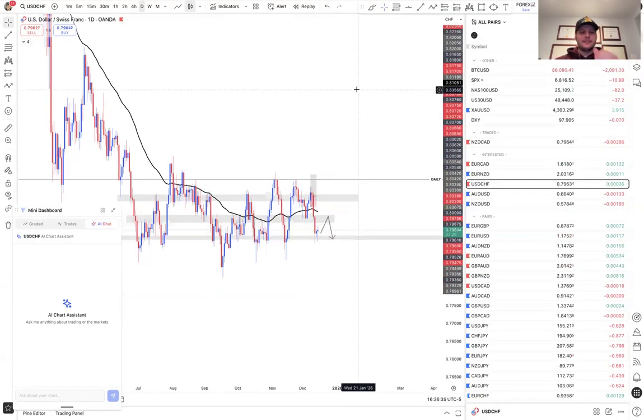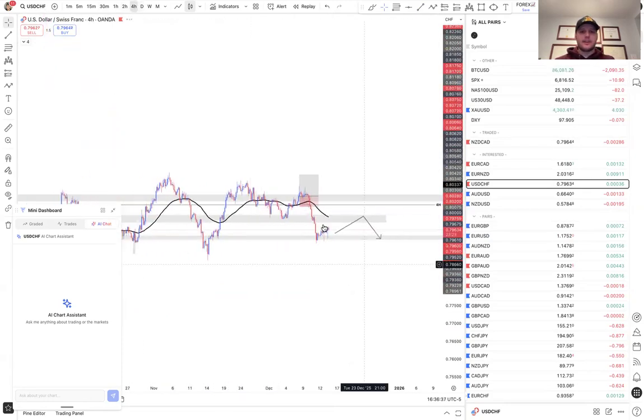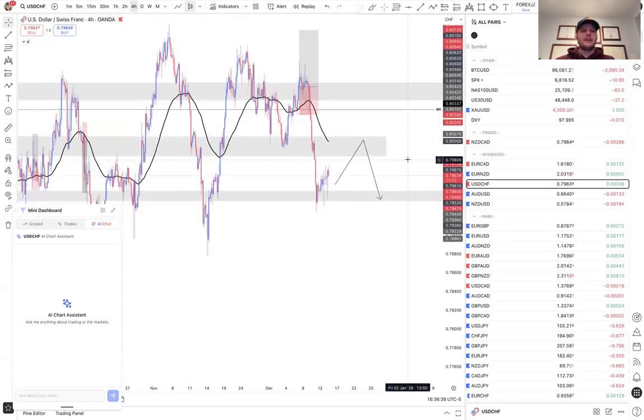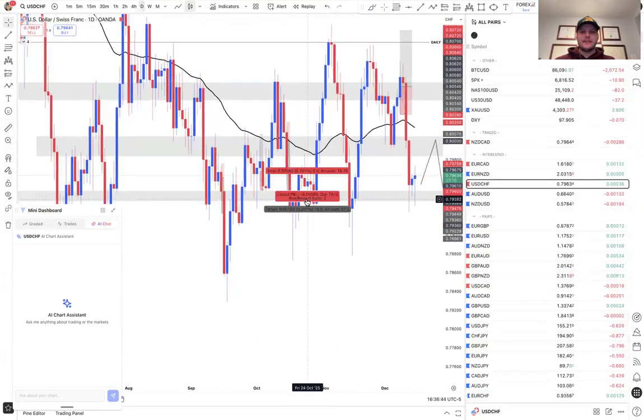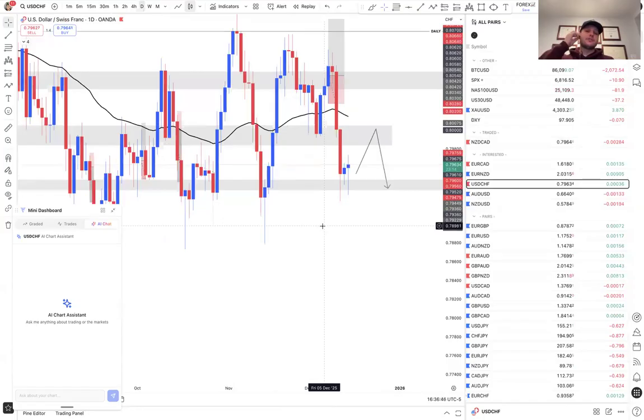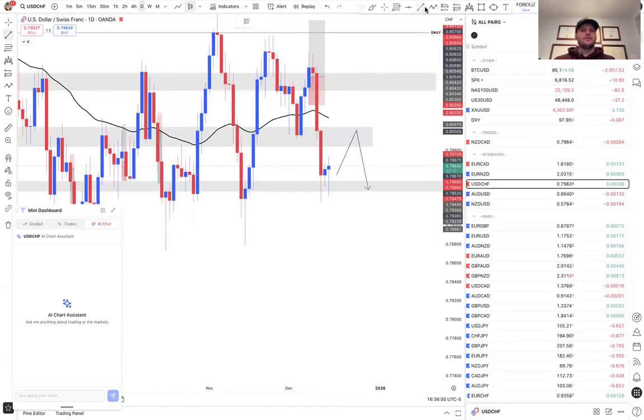USD CHF. USD CHF still having the pullback. The 4-hour time frame is pulling back very slowly and very painfully. Same thing with the daily time frame. Now we are about to close with the daily doji, which means that we could do one of two things. Tomorrow we might just create a small wick like this and then sell with a bearish engulfing candle, or we might get another daily pullback.